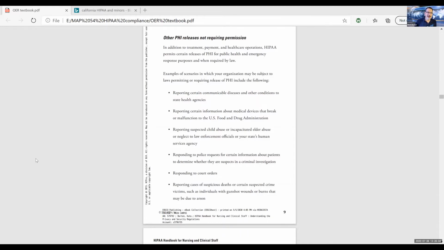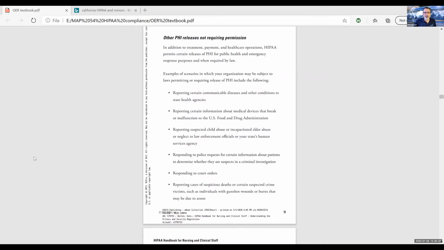Gunshot wounds and stabbings are automatically reported to authorities. A crime was committed against somebody, and we have a duty to inform the authorities and allow them to do investigatory work so they can determine whether somebody needs to be charged or arrested. So we have to report that.